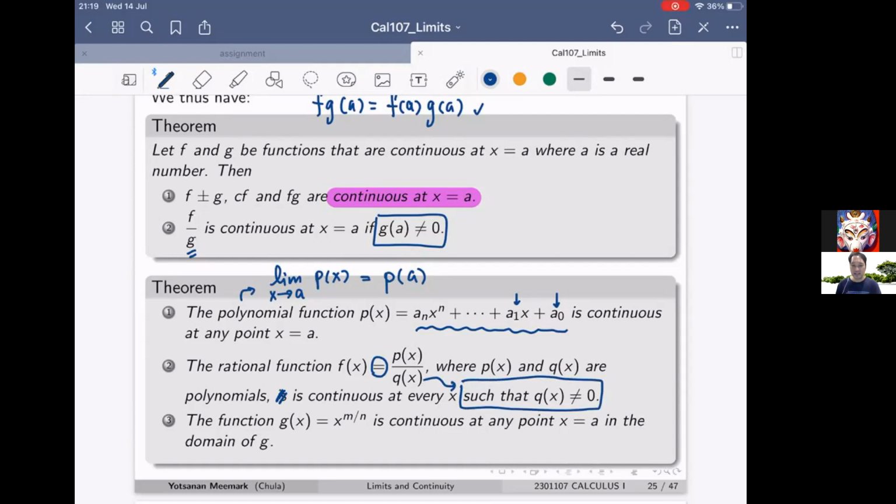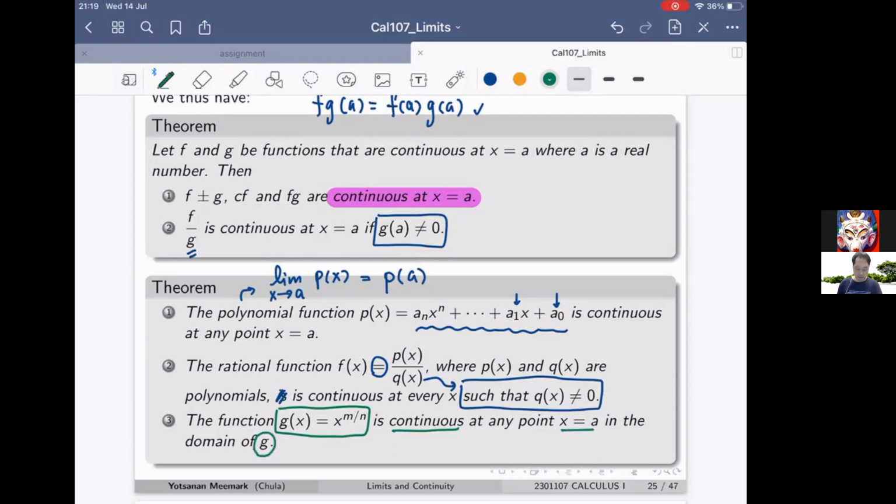So it is continuous at each and every point x such that q(x) is not equal to 0. And also this kind of function, a power like x raised to the power m over n, is also continuous at each and every point x equals a in the domain.